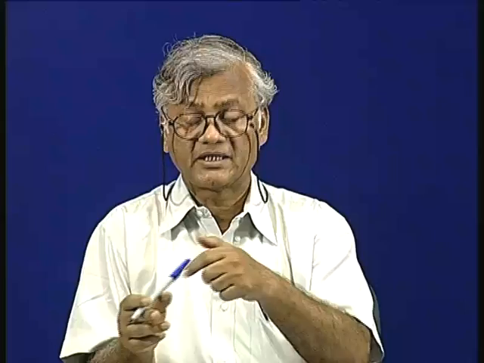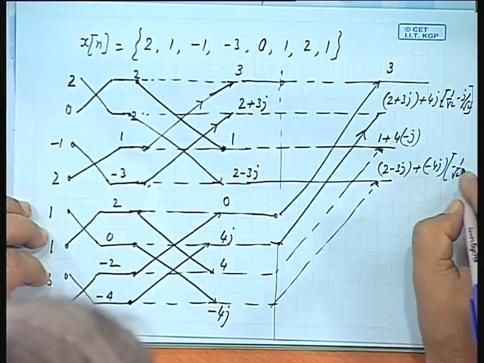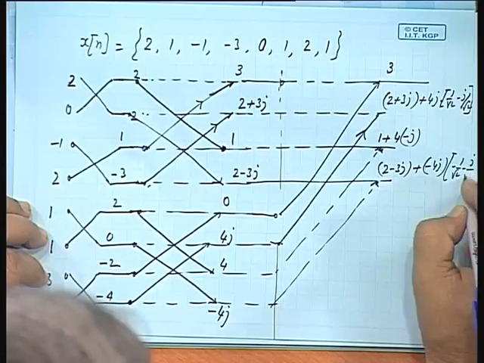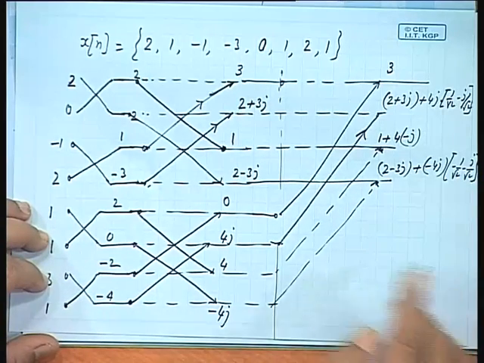So, both are minus. So, minus 1 by root 2 minus j by root 2, whatever be that you compute.